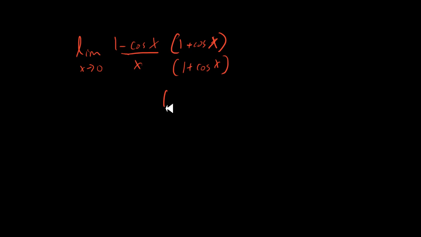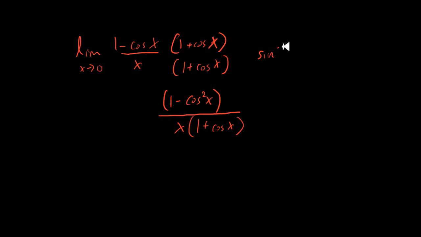Now the top part becomes 1 minus cosine squared x. I keep reading this wrong, because if I say cosine x squared, they might think x is squared. But anyways, 1 minus cosine x times 1 plus cosine x is 1 minus cosine squared x, and the denominator is still the same.